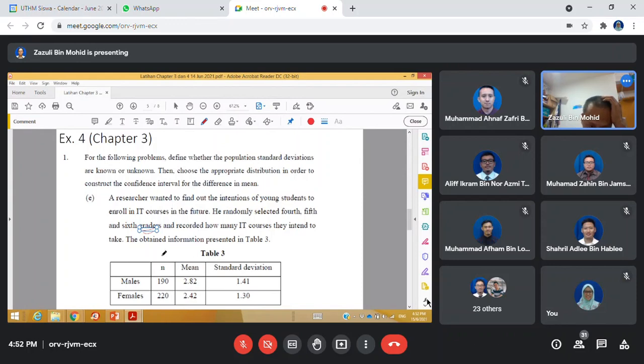Okay, and then it is given n is 190, female is 20, mean is 2.82, 2.83, and 2, and the other one it says here is standard deviation. It can be S, it can be sigma.